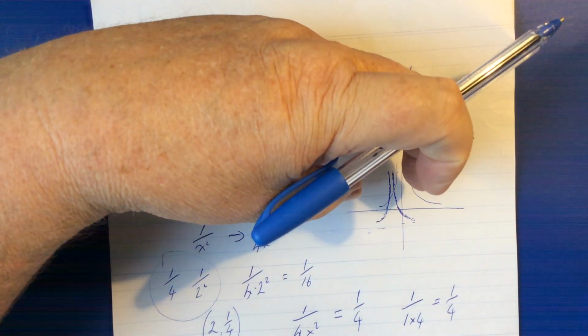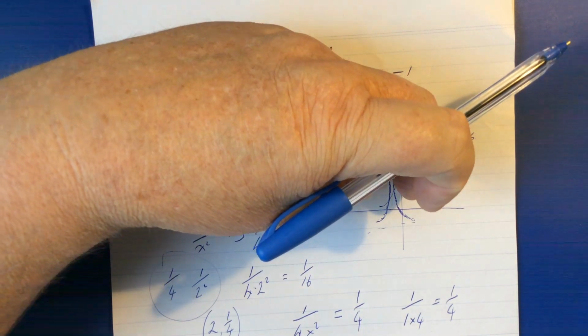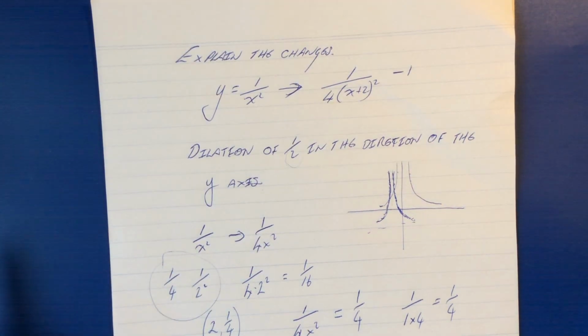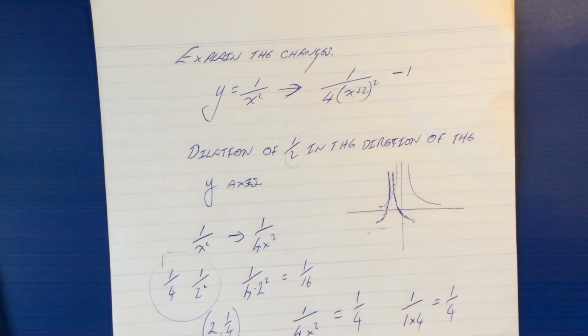And that is because there has been a dilation of 1/2 in the direction of the y-axis, which means, of course, that this has been compressed towards the y-axis, or we could say stretched away from the x-axis, but this is the language we're going to use. Now, this is where the trouble started, and the question was, how could this be unraveled and explained?